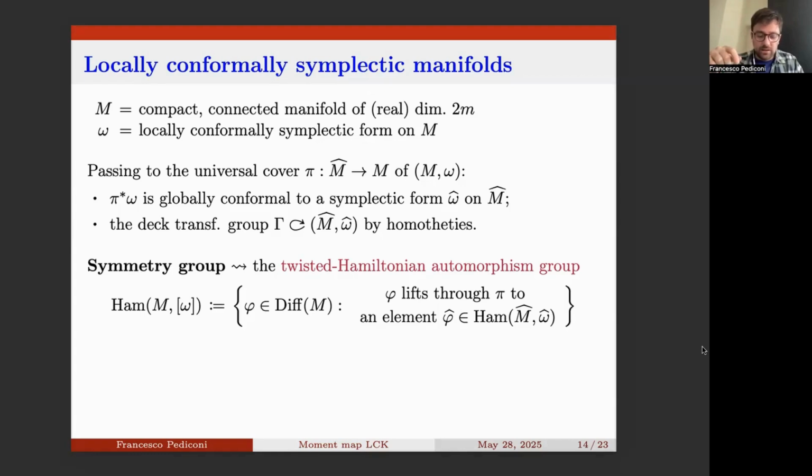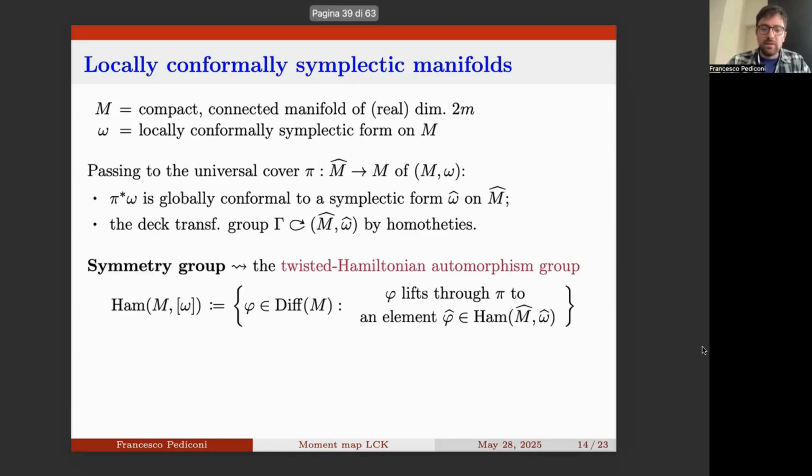The definition can be given as follows: we look at those diffeomorphisms of the manifold that lift to a diffeomorphism of the universal cover which preserves the symplectic structure on the universal cover.